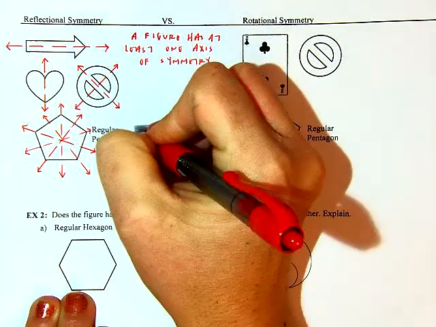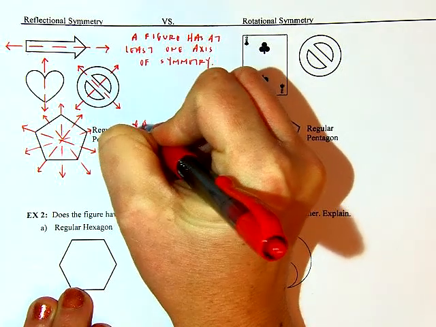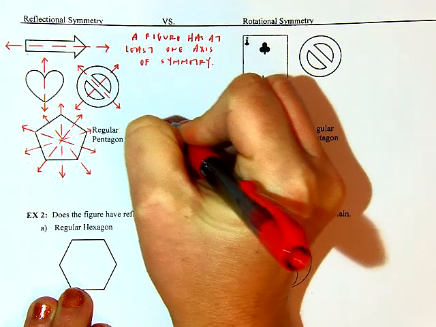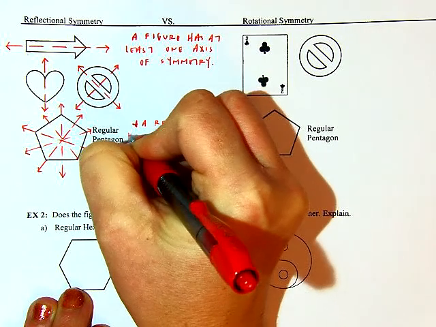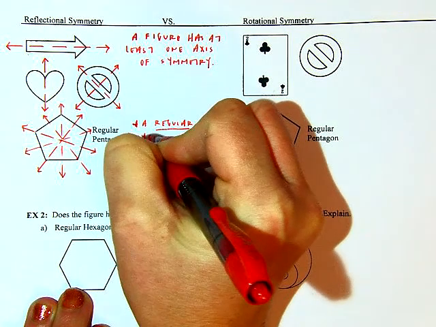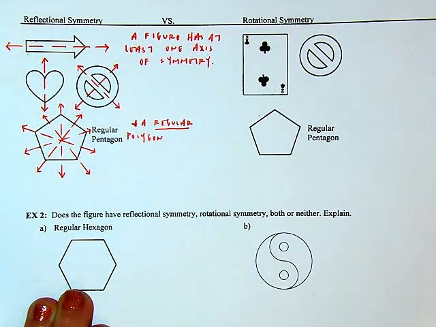So remember what I said, I'm going to write it here. A regular polygon. So again, regular means that all sides are congruent, so are all of the angles.